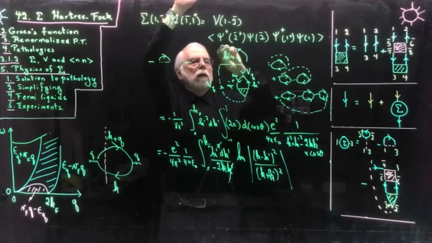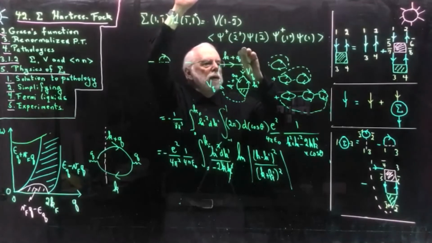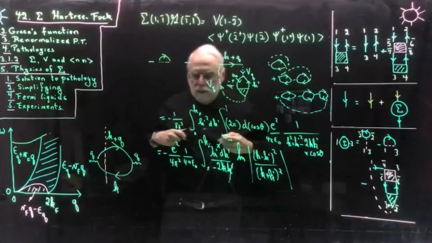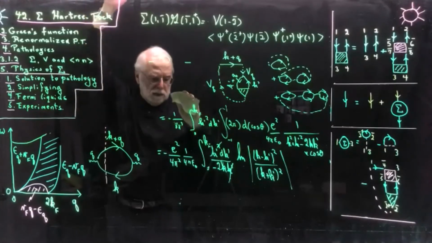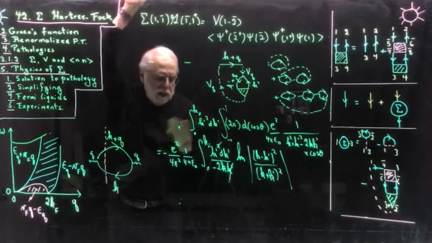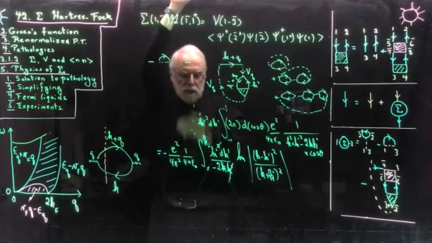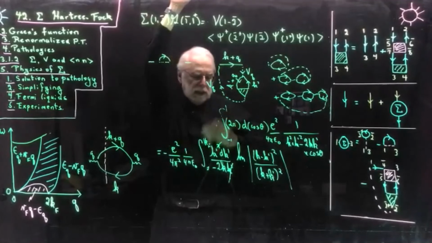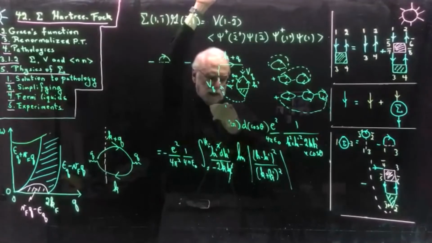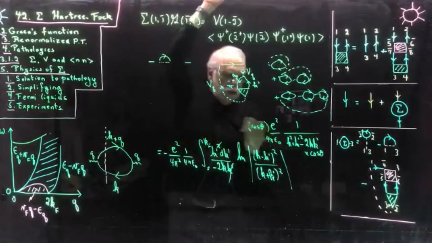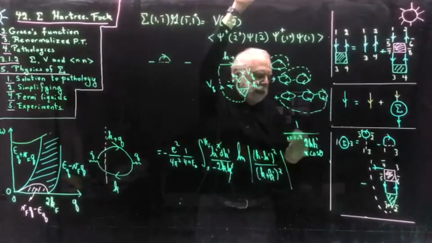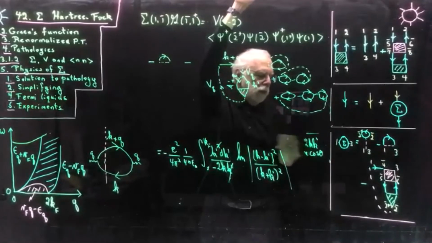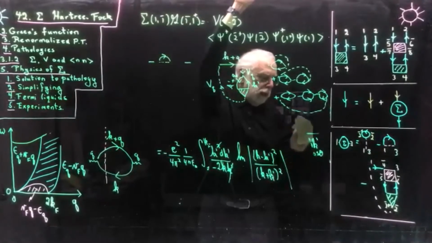So we will see all of this algebraically now. Do you have any questions? And you will see that the final result is just really replacing the bare Coulomb interaction by the screened Coulomb interaction.